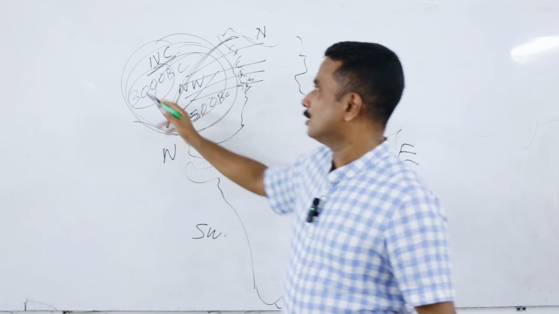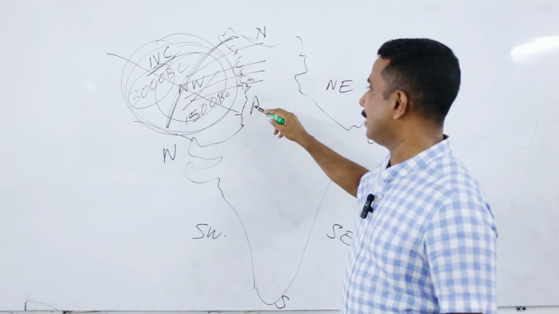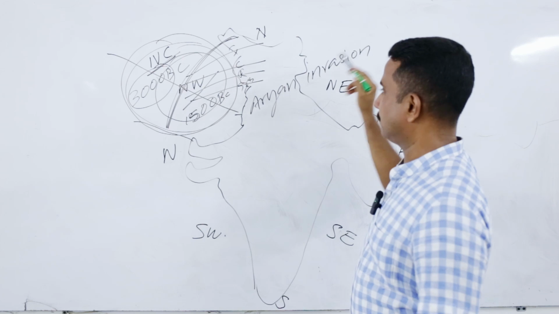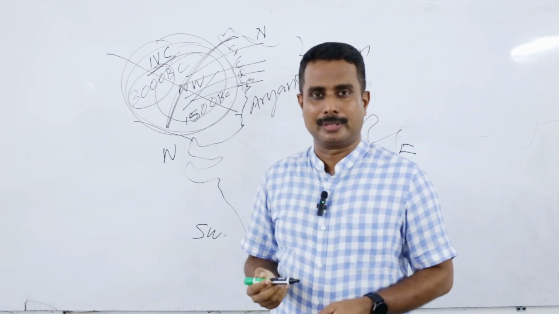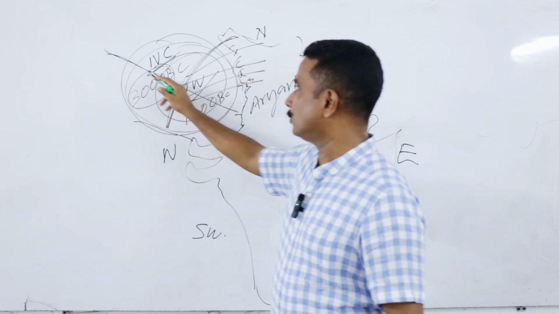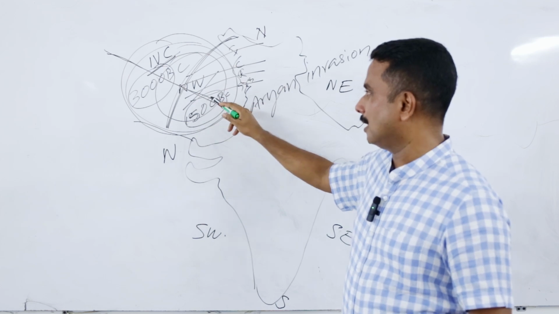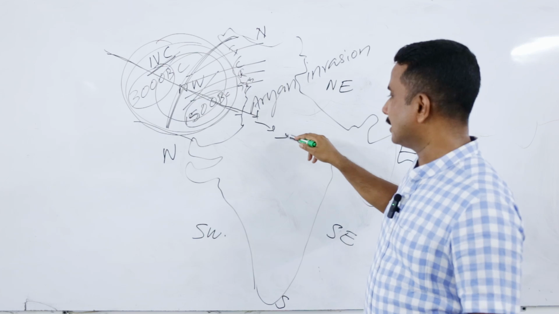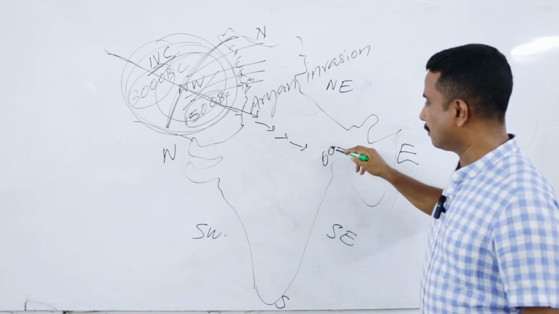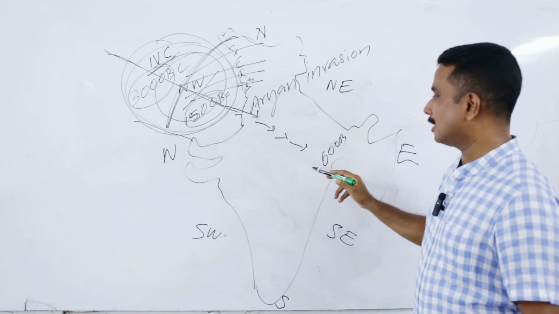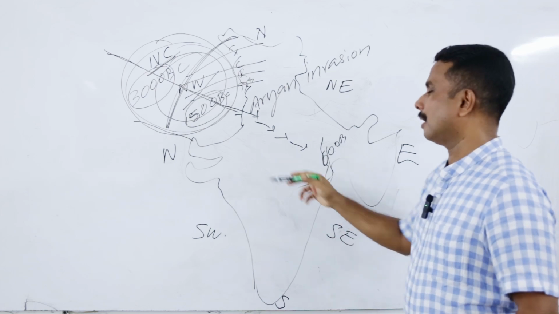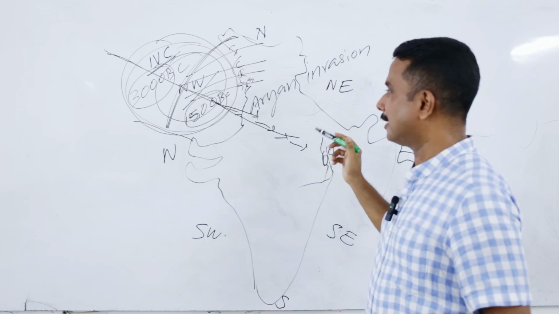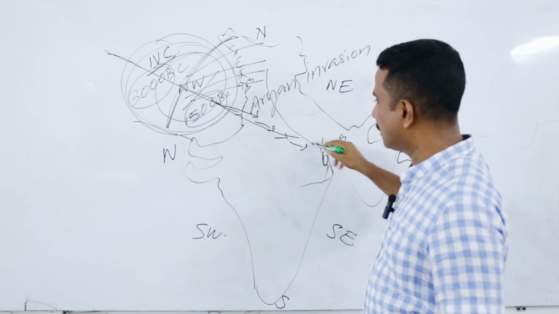Similarly, we talk about the Aryan invasion or arrival of Aryans into India. It is believed they reached India by 1500 BC, and in the following period they moved further east, and by 600 BC they reached the eastern part of India, present-day Bihar and Bengal. This is what we call the Aryan expansion into the Indo-Gangetic plain.